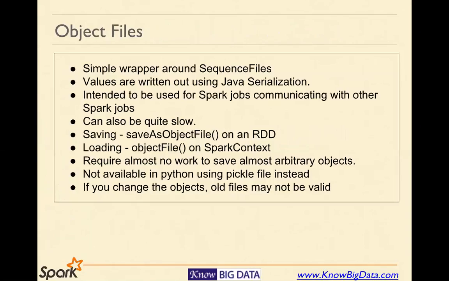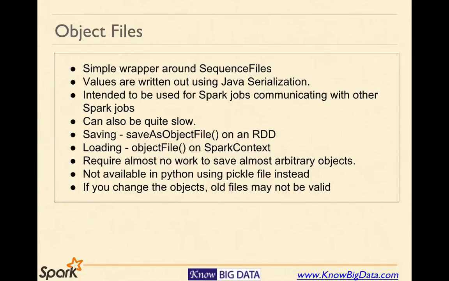There are also object files, which are simple wrappers around sequence file. Under the hood they are also saved as sequence files. Values are written out using Java serialization. These are intended to be used for Spark jobs communicating with each other. They can sometimes be very slow.